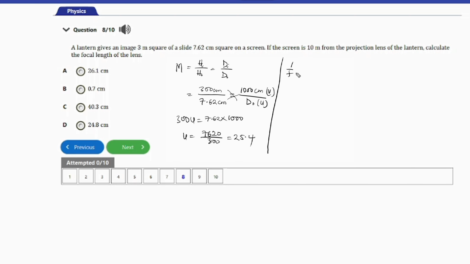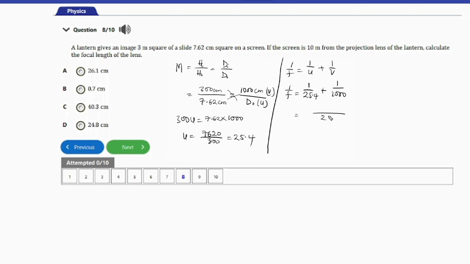So guys, when we now use the formula 1 over f is equal to 1 over u plus 1 over v, we are going to have that 1 over f is equal to 1 over 25.4 plus 1 over 1000. So guys, let's go ahead and take the LCM of these and then find the sum of the two here.